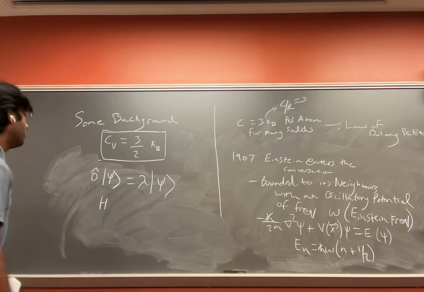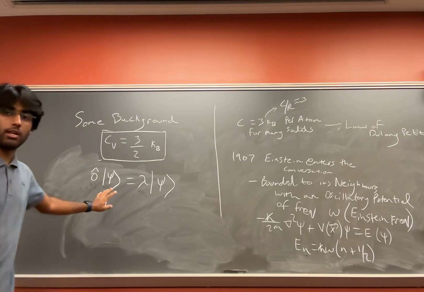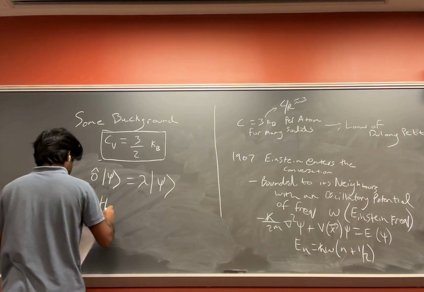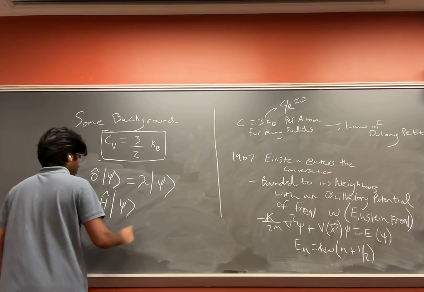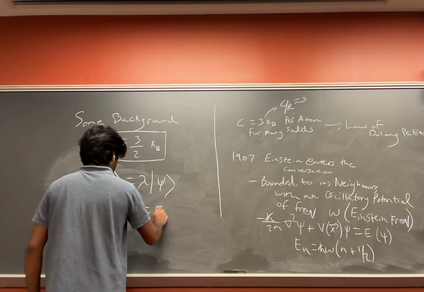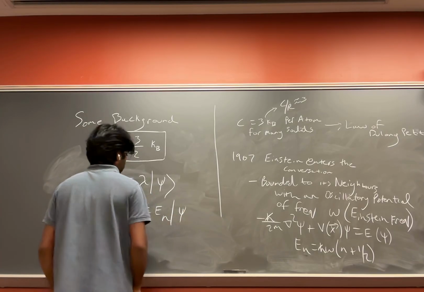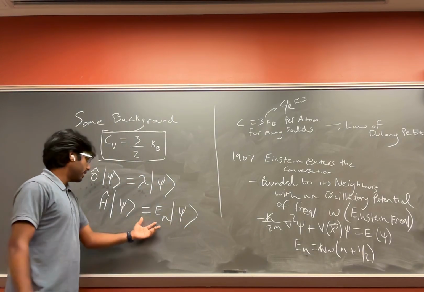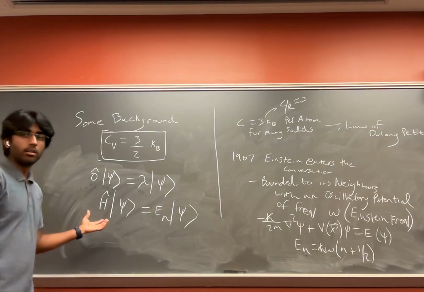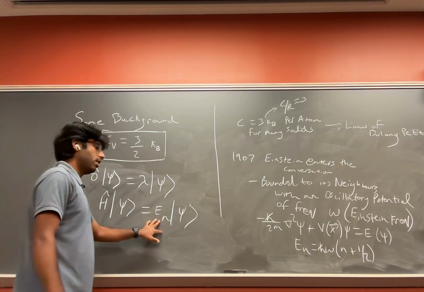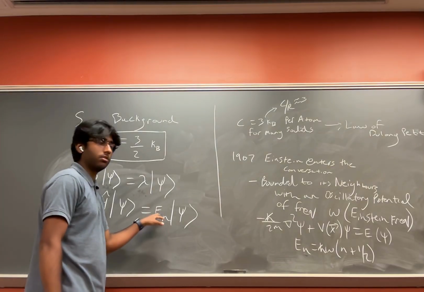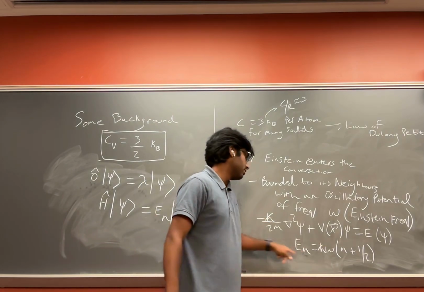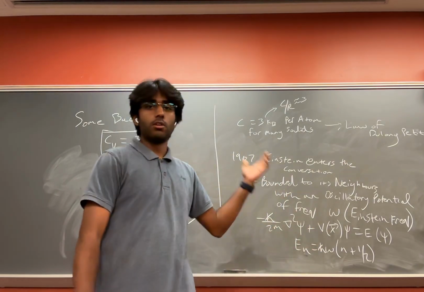So the eigenvalue equation that we're concerned with in the energy context would be the Hamiltonian acting on the wave function psi equals E_n psi. E_n is the eigenvalue associated with this transformation, and these eigenvalues give us the specific observable energies of the wave function.